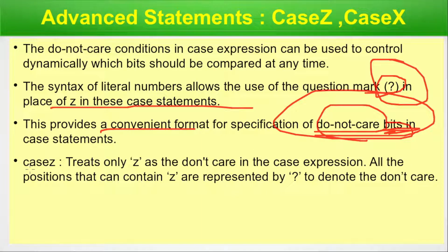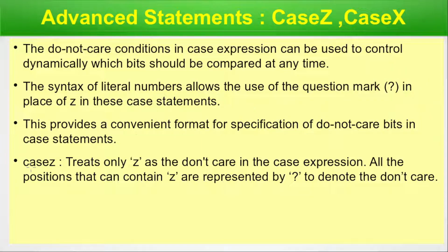Specifically, we are now summarizing case X and case Z. Start with case Z: it treats Z as the don't care in the expression, and the positions that can contain Z are represented by a question mark instead of a fixed bit. In a regular case statement, we use either 1 or 0 as a constant number there. Instead, for Z, we can use a question mark, and this gives dynamicity. This particular expression gives the dynamicity of that expression. You will see when we give the example.